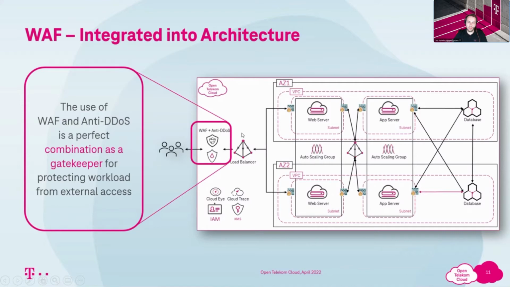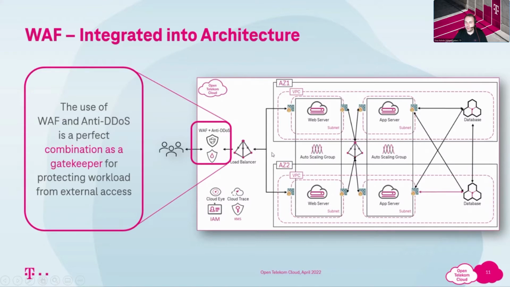For this architecture, you have a public IP, which is protected via anti-DDoS as a standard with OTC. This is a service you have for free, and this is included with the Elastic IP. And you can also use WAF for protection of this one. And that is your gatekeeper you would use as an entry gate.